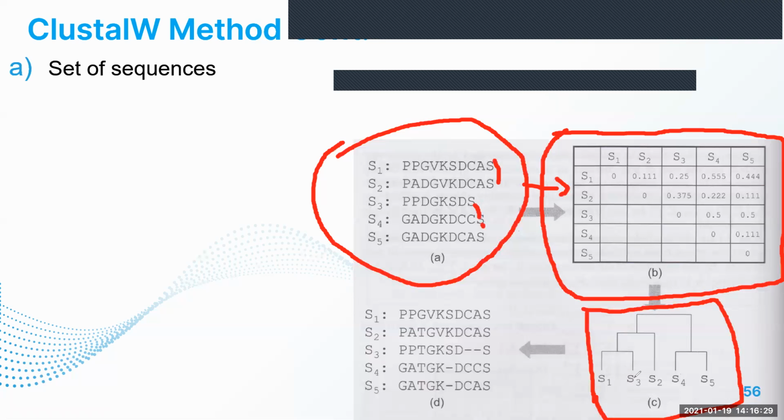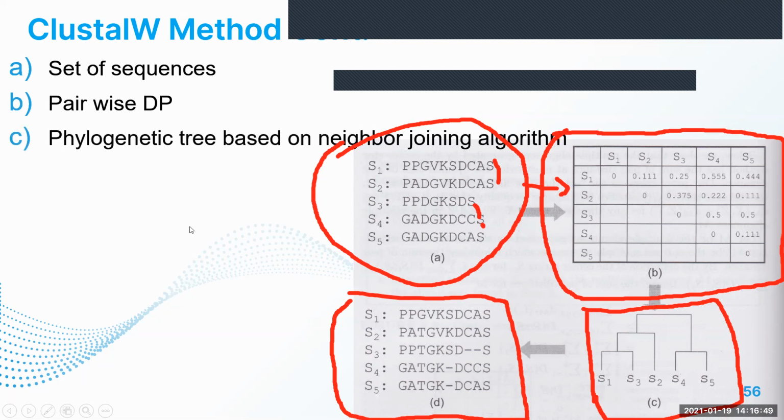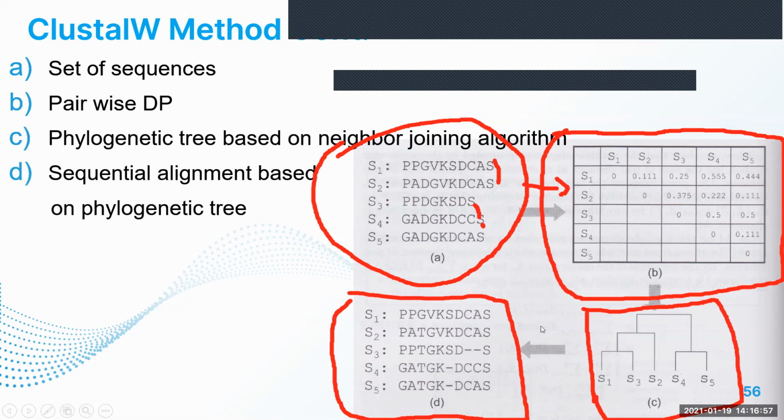So based on that, you generate the final alignment. So A is the set of sequences. Then you do the pairwise dynamic programming, and you get this similarity matrix. Then you generate this phylogenetic tree based on the neighbor joining algorithm. Then you sequentially align these sequences based on this phylogenetic tree.